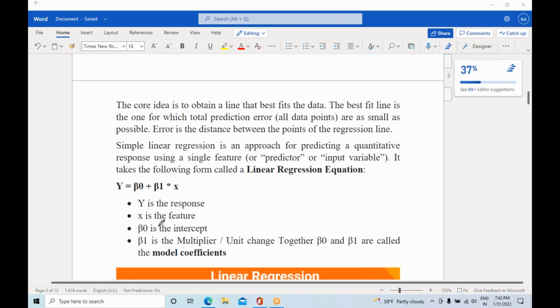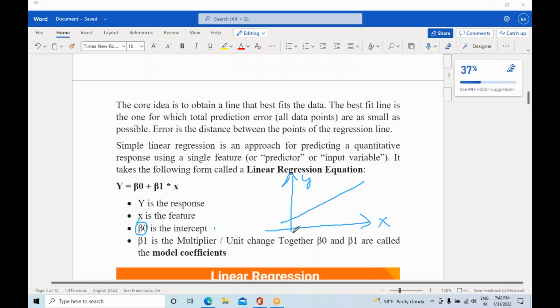Is it clear? So for example, this is my x and this is my y. Here beta naught is nothing but the intercept. When my x value is 0, what will be my y value? That is my coefficient, my intercept.